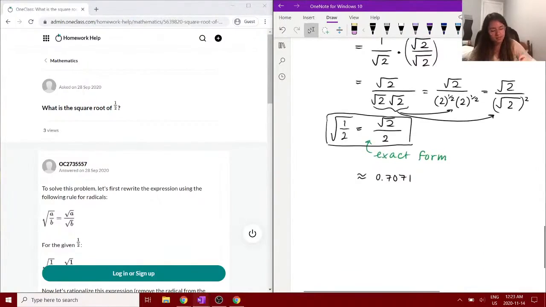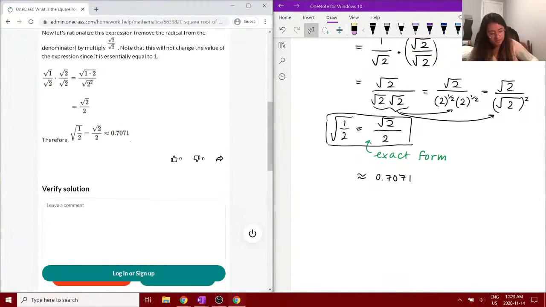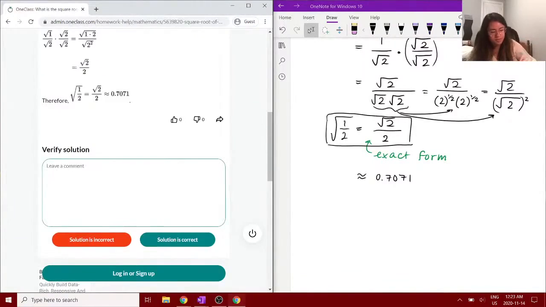And that is everything for this problem. We get the same thing in the solution, so we can say correct solution, and move on to the next question.